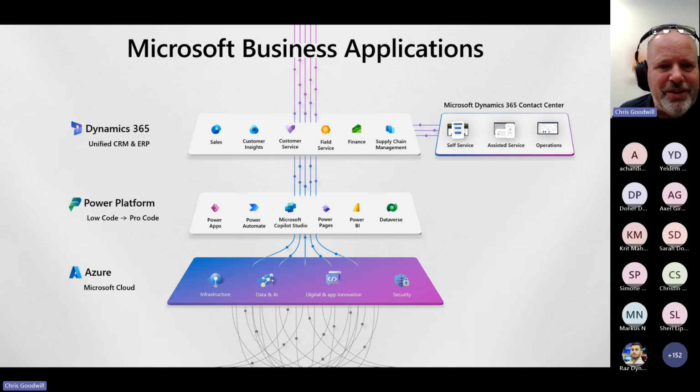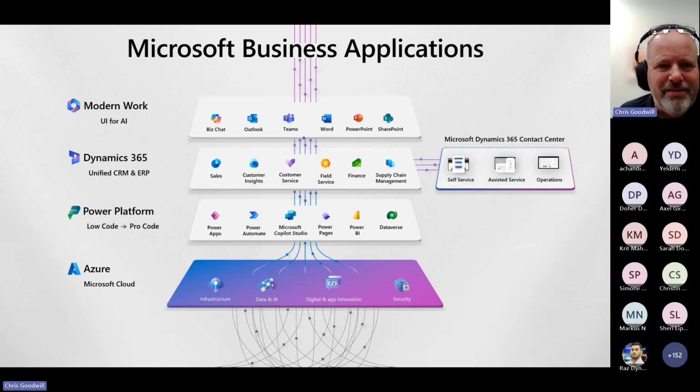Is the animation going to work here? I'm not doing a live demo, but I haven't quite got this to work. Oh no, it has dropped it in. So what I wanted to show is just this top layer. Microsoft talked about the UI for AI recently.